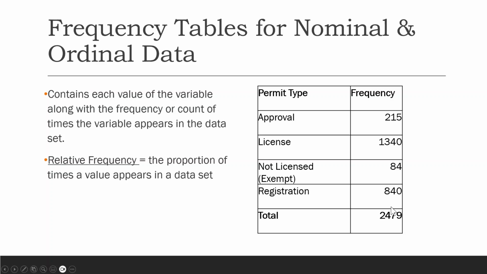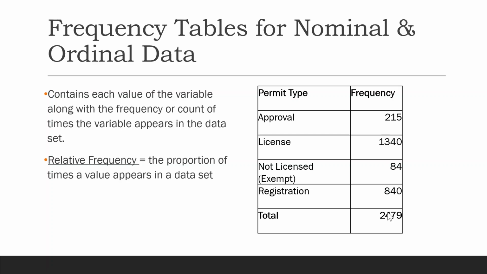But because this is not like a standard number that we can easily visualize, sometimes we don't want to look at the frequency or the count to compare categories. We want to look at the proportion or the percentage. The proportion of times a value appears in a data set is known as our relative frequency.